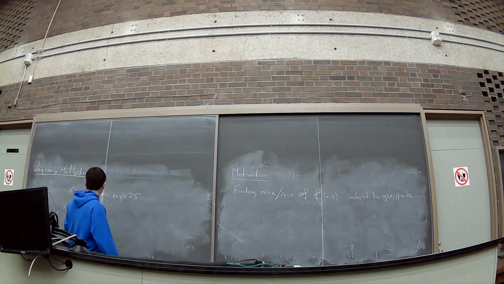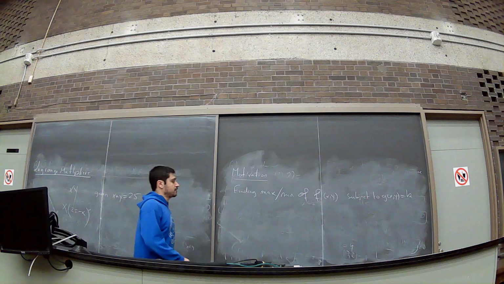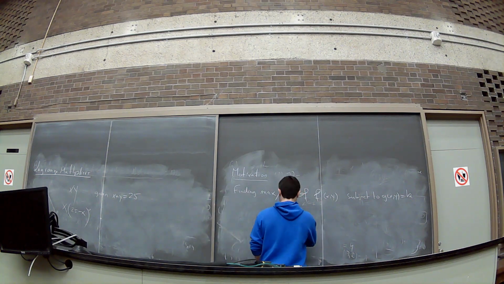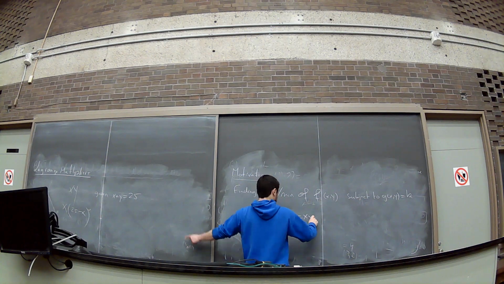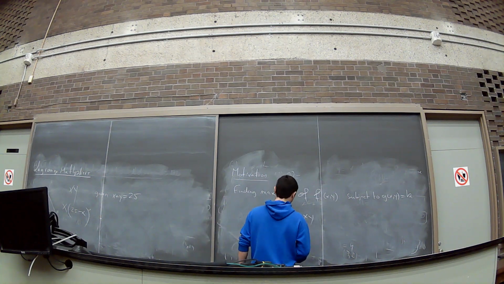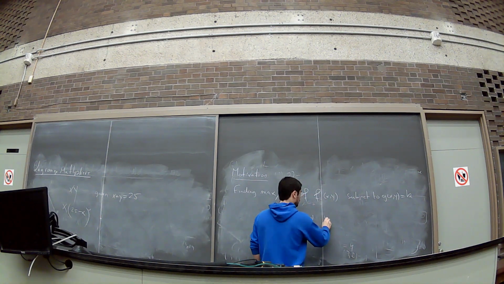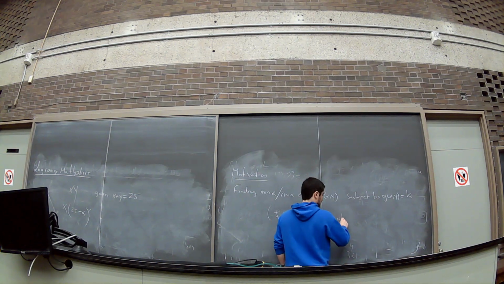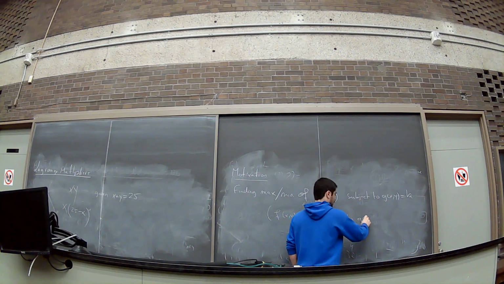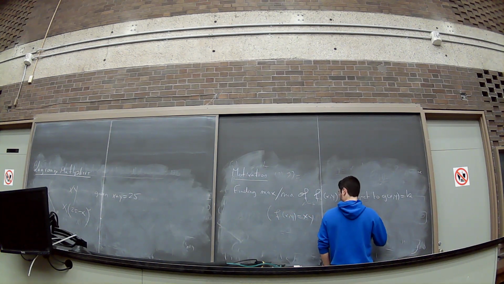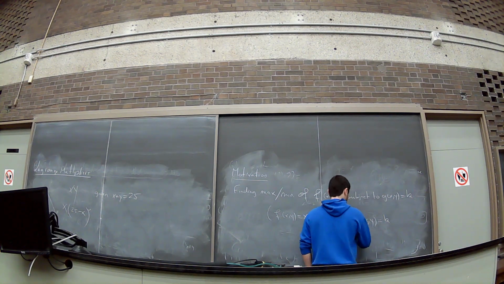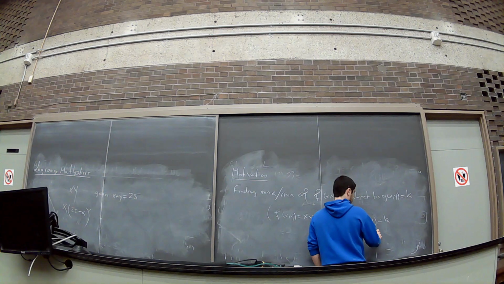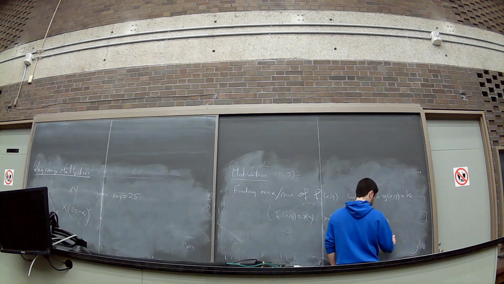So you're finding the maximum of xy, so f(x,y) is xy, in the example on my left hand side, subject to g(x,y) equal to k. So g(x,y) is x plus y, and k is equal to 25.